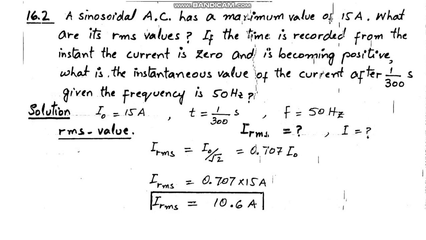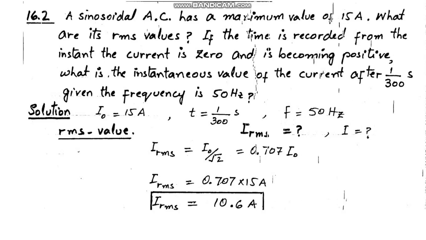What is the instantaneous value of the current after 1 over 300 seconds given the frequency is 50 Hz? So we want to find two things. First one, that is the RMS value, and second, we want to find the instantaneous value of the current.